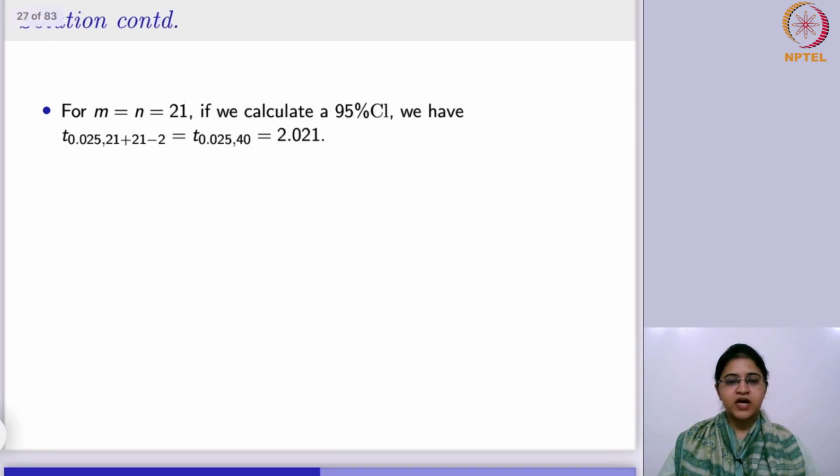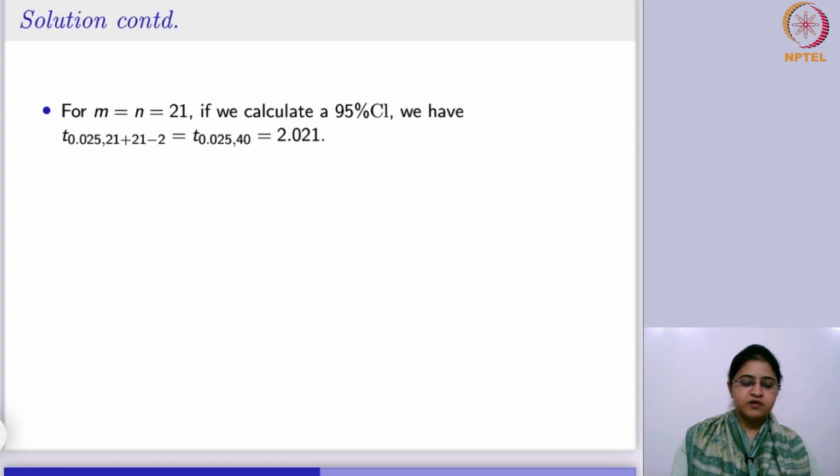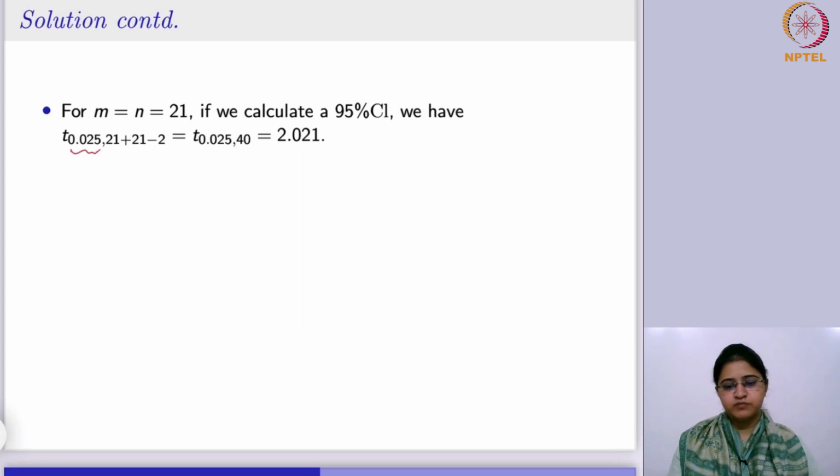Now when you look at the t value from the table, or if you are using any software, with the degrees of freedom m plus n minus 2, which is 21, at 95% confidence interval, t alpha by 2: if you are considering 95%, then 1 minus alpha is 0.95, so alpha is 0.05, and alpha by 2 would be 0.025.